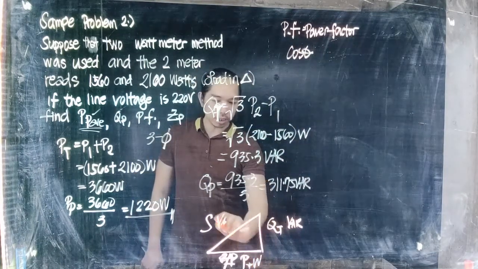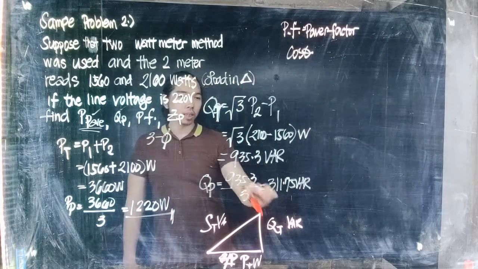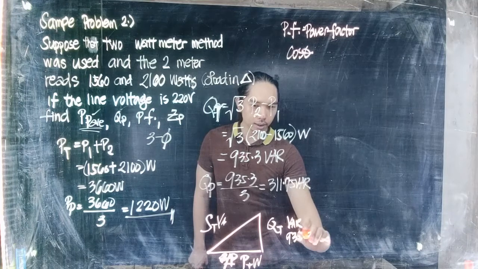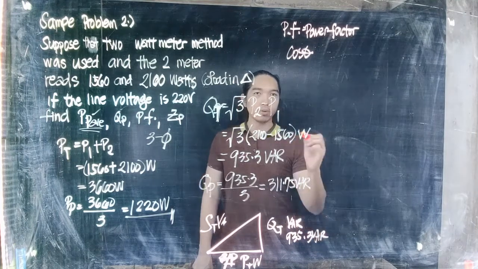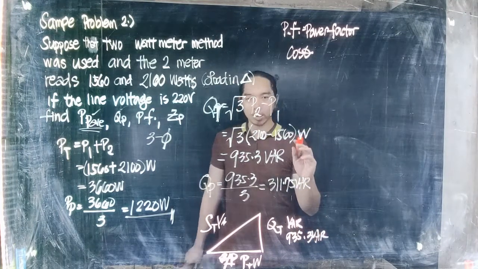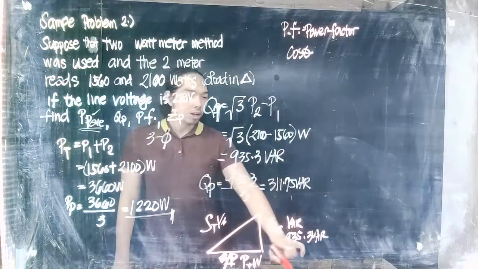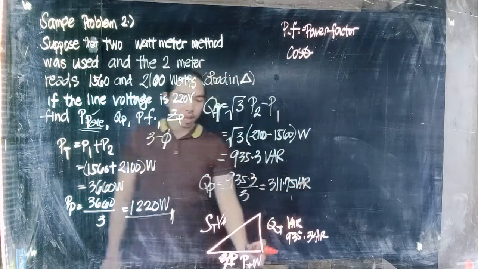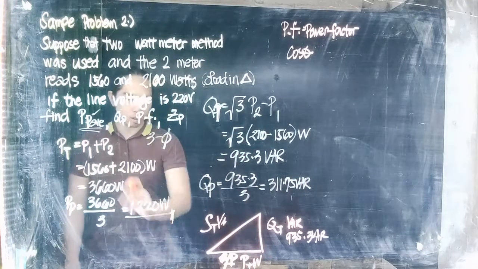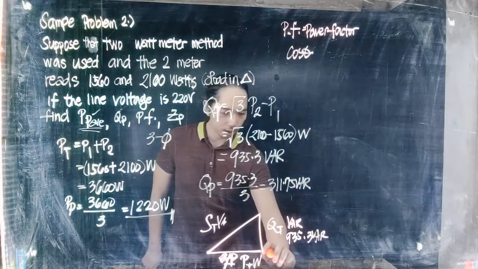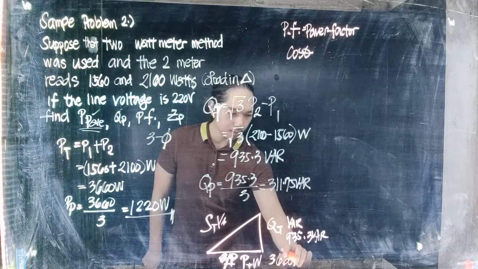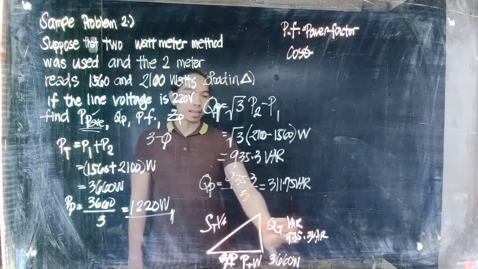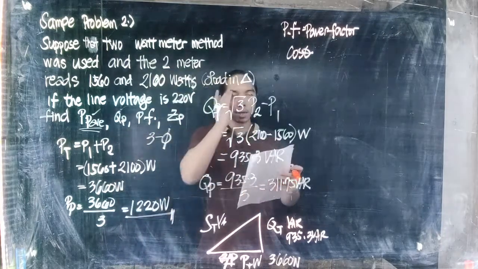We consider QT, PT, ST. QT is 935.3 VAR. Actually, we have two solutions here, so it is up to you which is more comfortable. We also have PT equal to 3,660 watts. We know both are in watts, but they represent different powers.